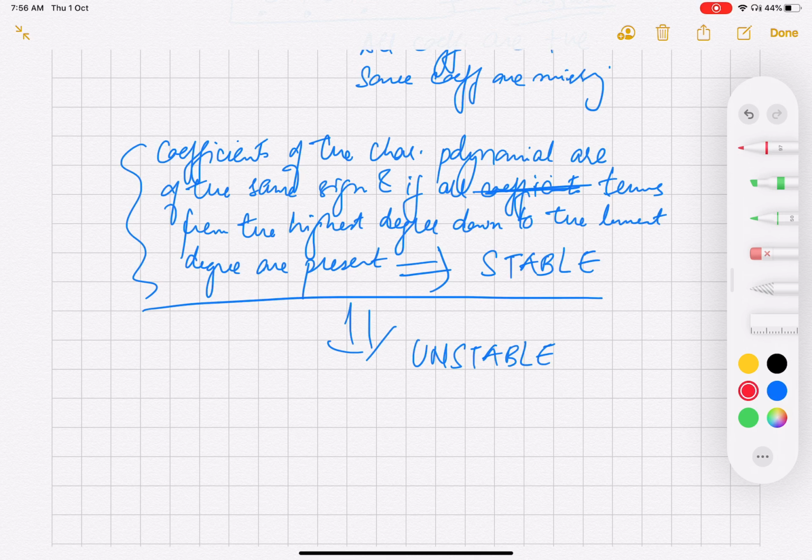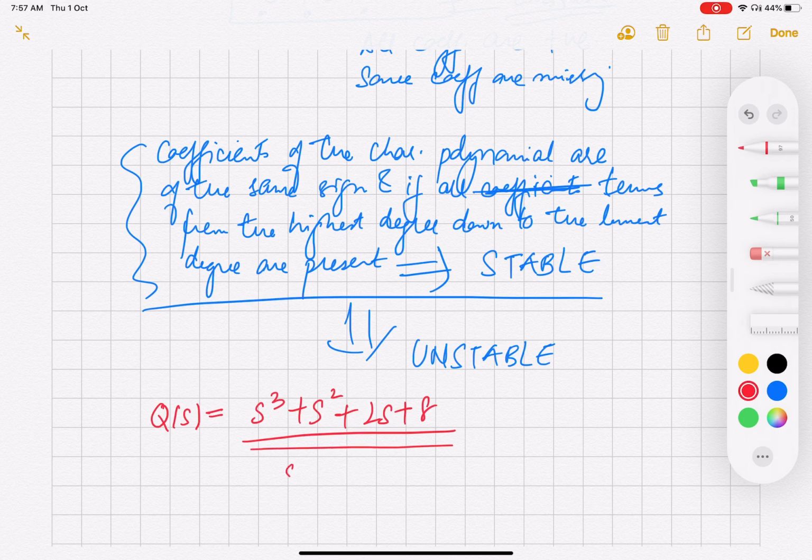For example, if your characteristic equation is s cube plus s square plus 2s plus 8, you see that all the coefficients are positive and all terms right from s cube down to s to the power 0 are present.